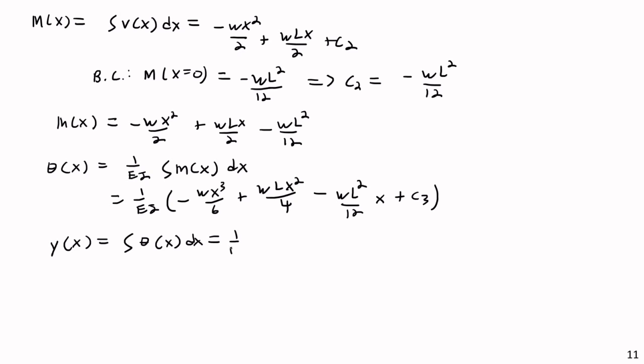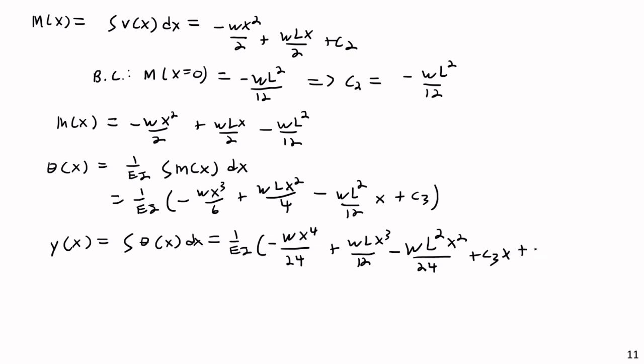You will get 1 over EI times negative Wx to the fourth divided by 24, plus WLx to the third divided by 12, minus WL squared x squared over 24, plus C3x plus C4.